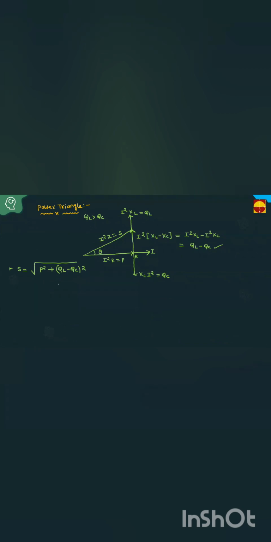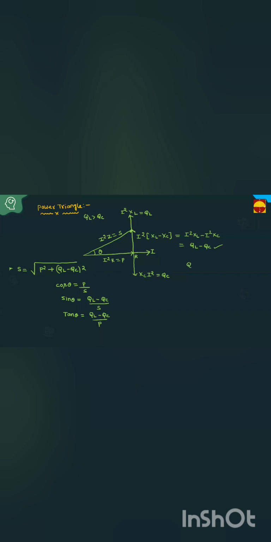Then you can write any formula. What is cos theta? Cos theta equals P by S. What is sin theta, friends? QL minus QC by S. What is tan theta? Tan theta equals QL minus QC by P. Clear?